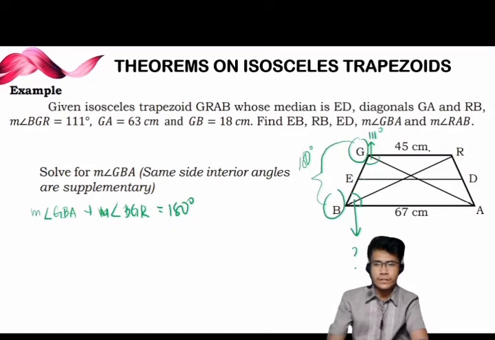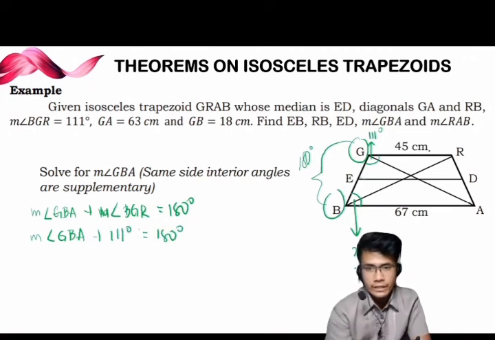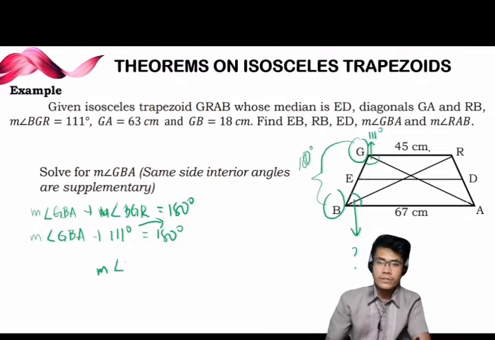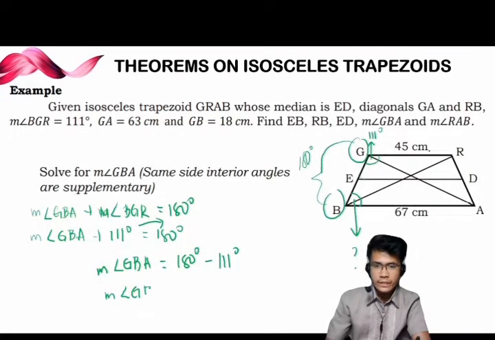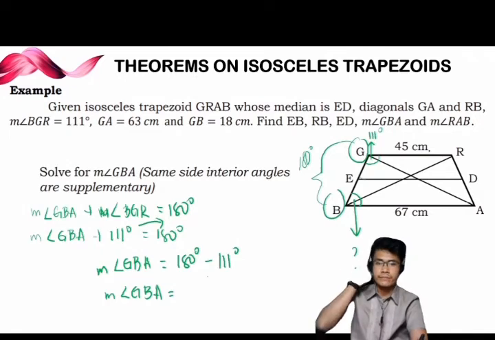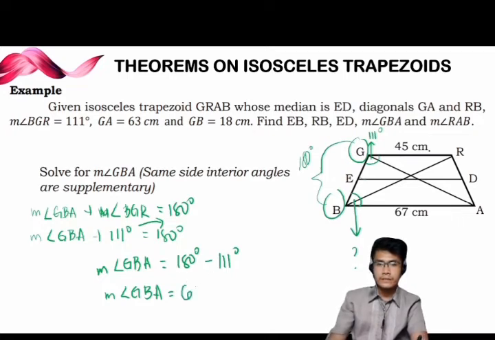So let's substitute the given. The measure of angle GBA is what we are looking for, and the measure of angle BGR is the given, which is 111 degrees, equals 180 degrees. Now, move the 111 degrees to the right. So we have the measure of angle GBA equals 180 degrees minus 111 degrees. Subtract that, and the answer is 69 degrees.